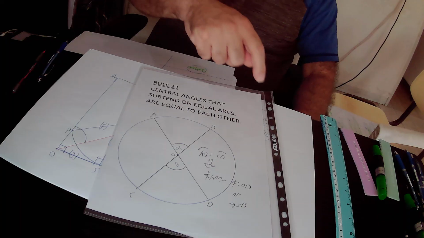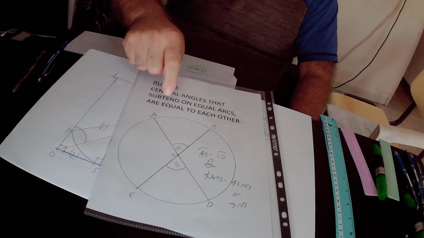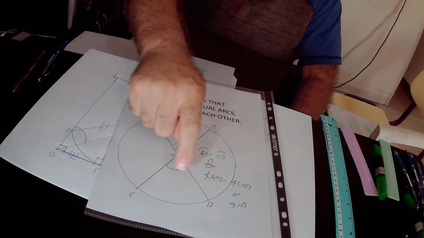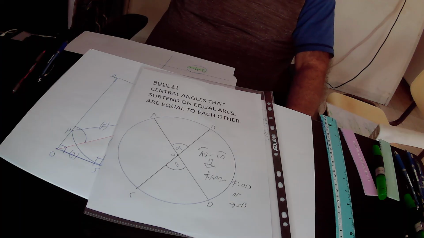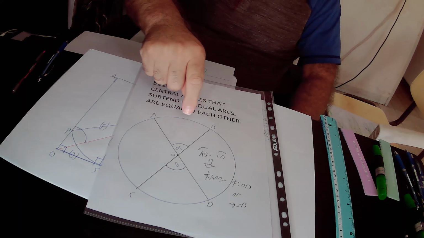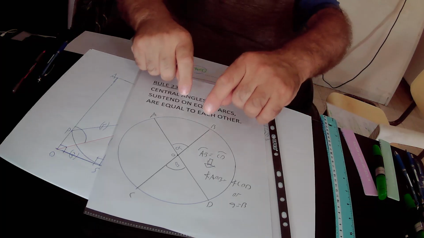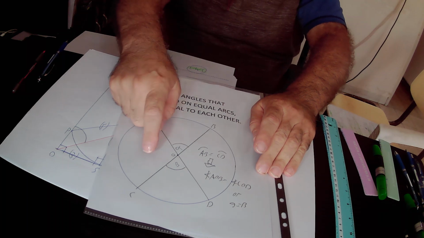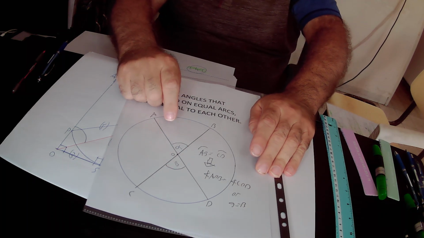In the drawing, we have a circle. This is center angle AOB that subtends on arc AB. Likewise, this is center angle COD that subtends on arc CD. If arc AB equals arc CD in its length, then those two angles that subtend on arc AB and arc CD correspondingly must be equal to each other in their sizes.